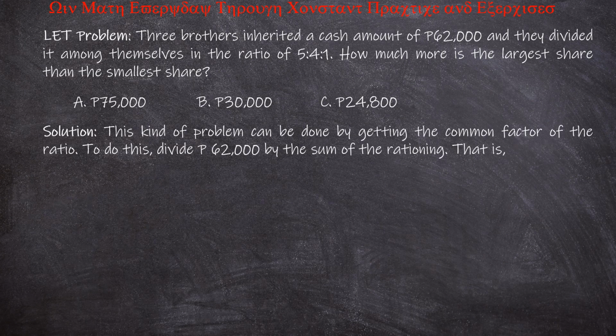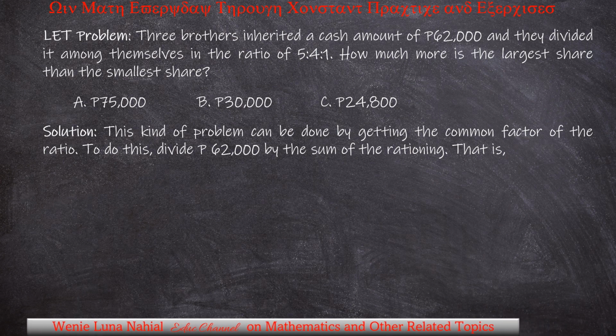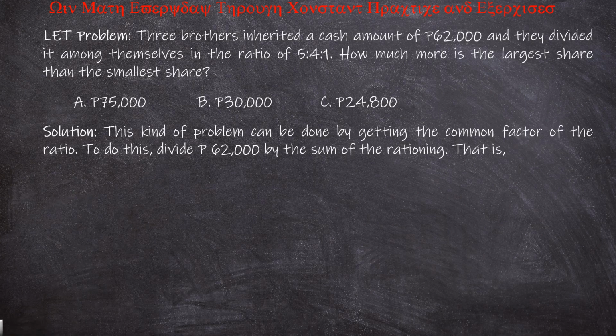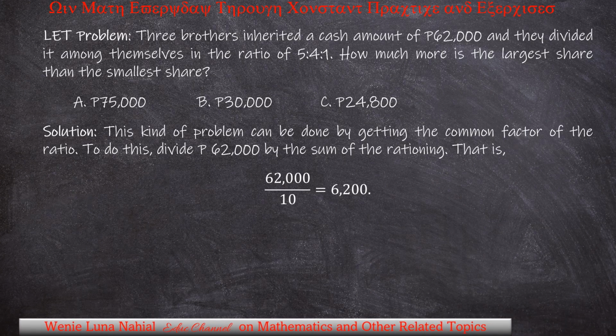Now, in this problem, we can get the common factor of the ratio, and that is done by dividing 62,000 by the sum of the ratio. That is the sum of 5 plus 4 plus 1. So we get 62,000 divided by 10. That is equal to 6,200.